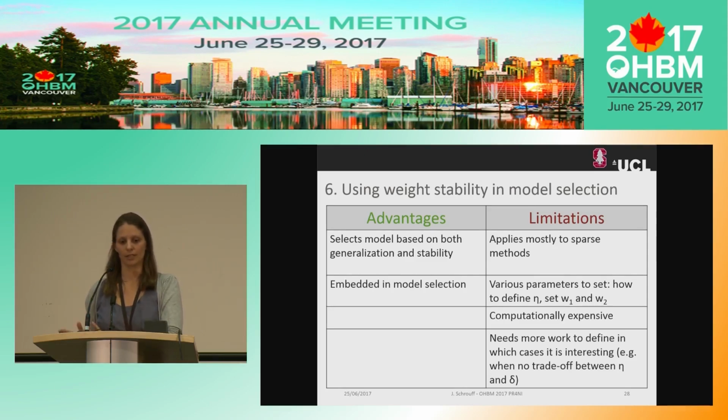Also in some cases, especially when you have a really high signal-to-noise ratio, if you optimize one or the other, you might just end up with the same response. And that's a lot more work, because you need to compute the weight map each time, and maybe not really worth it.